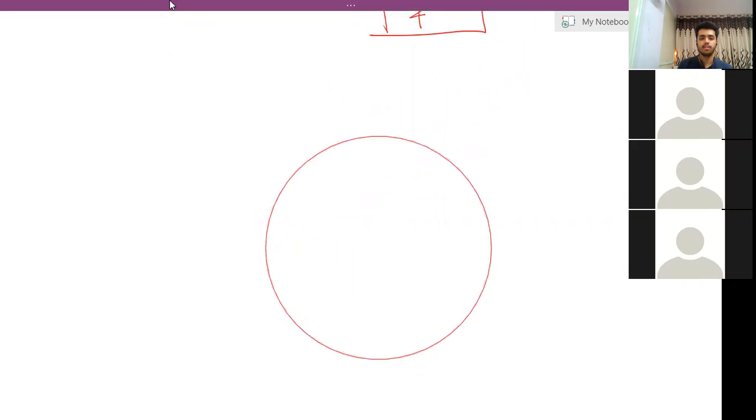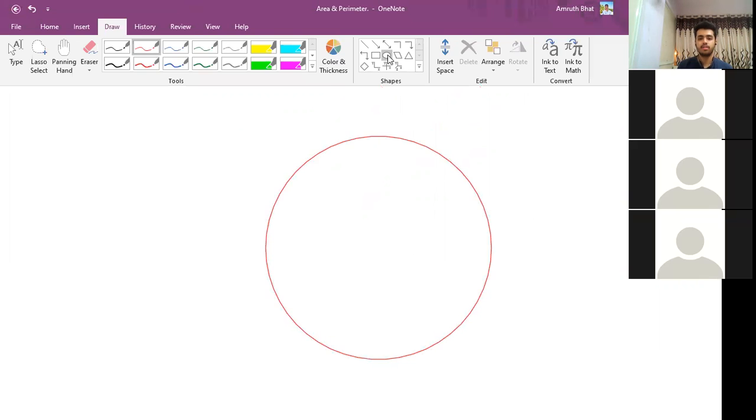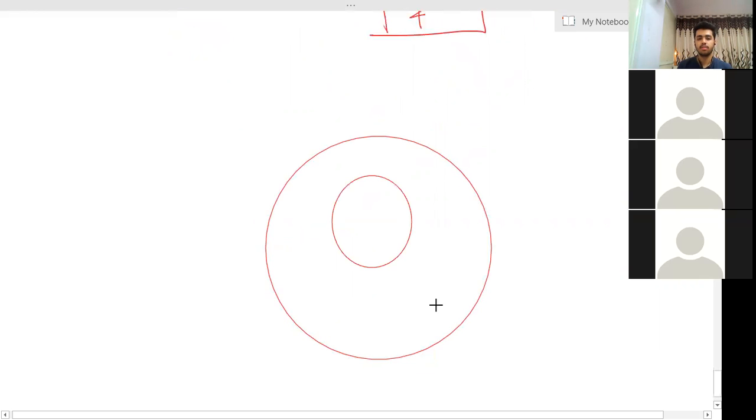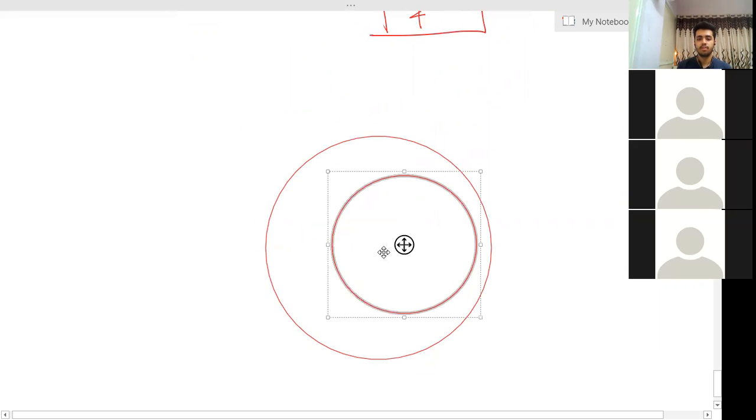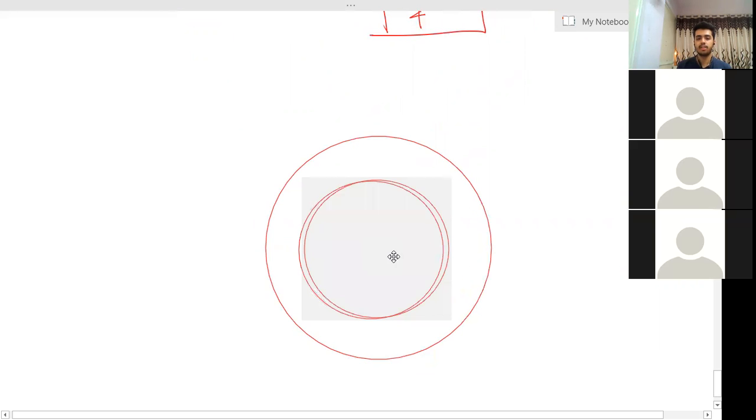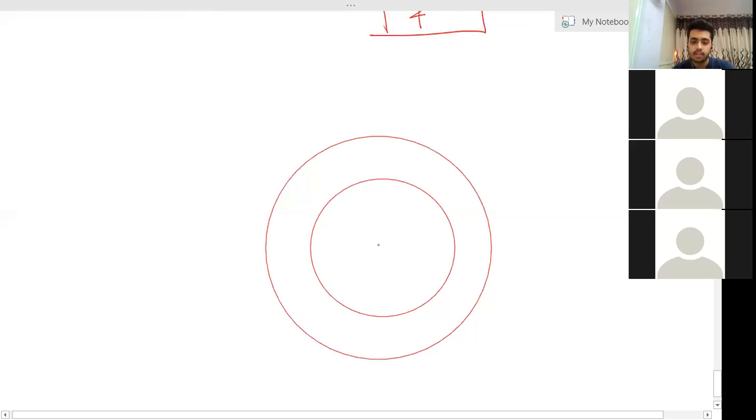So this is a circle. Now this is called a concentric circle, or a circle inside a circle, right? It's in layers. This is a center. The center is the same for both the circles.